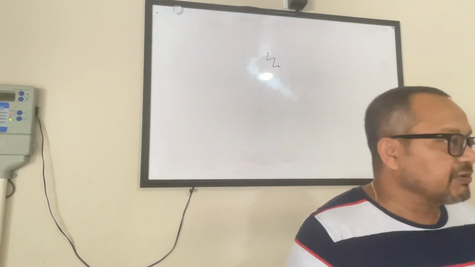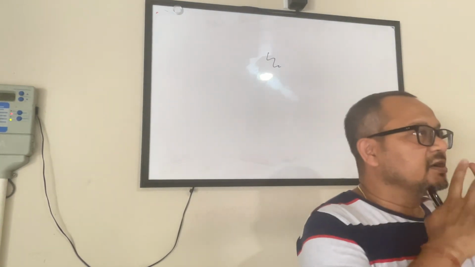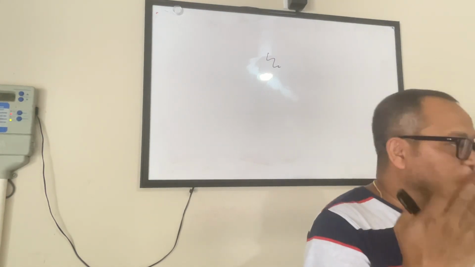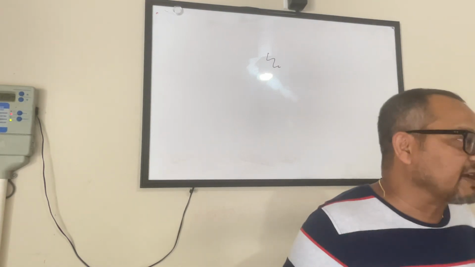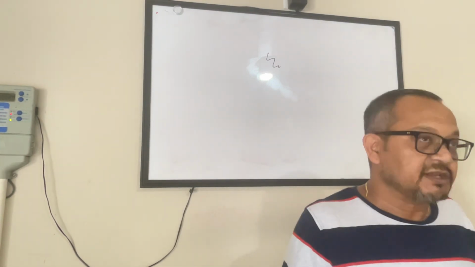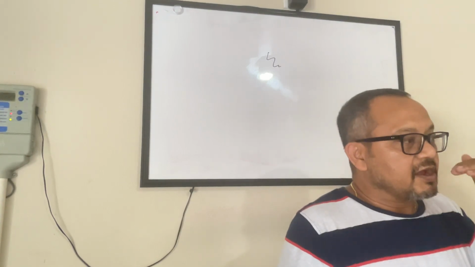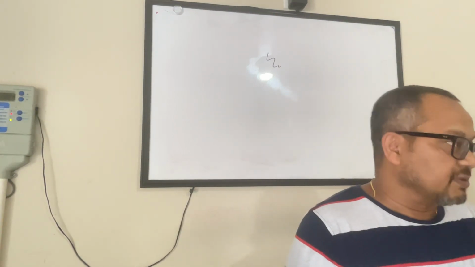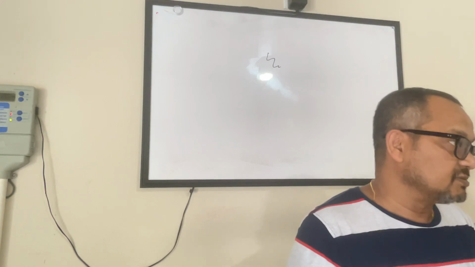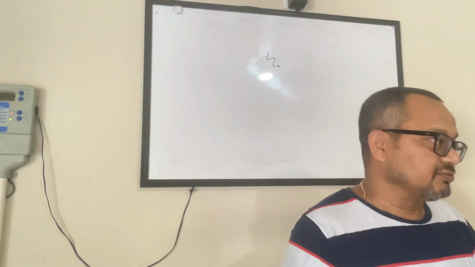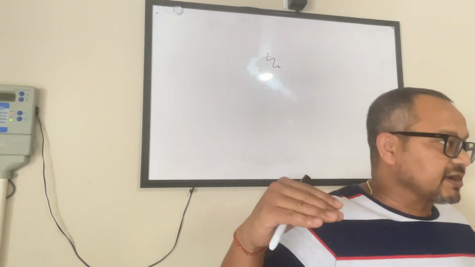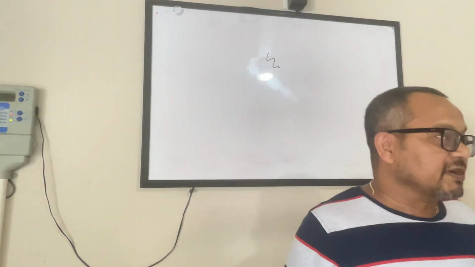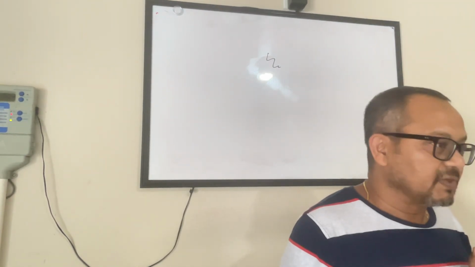A quadratic equation is an equation where it's represented with two variables like y and x, and y is represented in the form of x or a function of x like y equals x squared plus bx plus c, where the power to the variable, the maximum power to the variable, or simply the power to the variable is 2. If the power to the variable is 1, that's a linear equation. That represents a straight line. If the power to the variable x is 2, that's when it is called a quadratic equation.